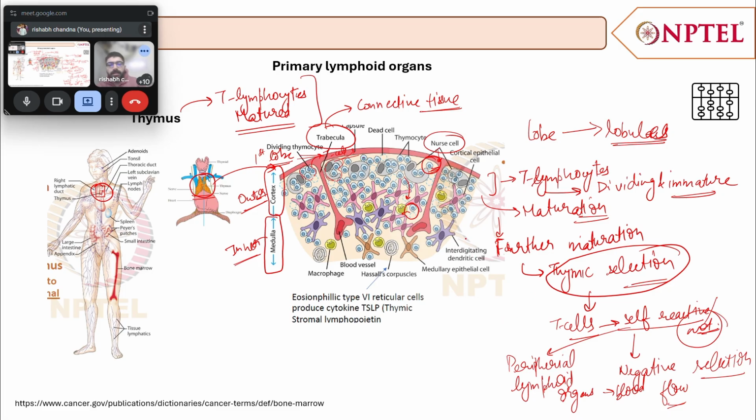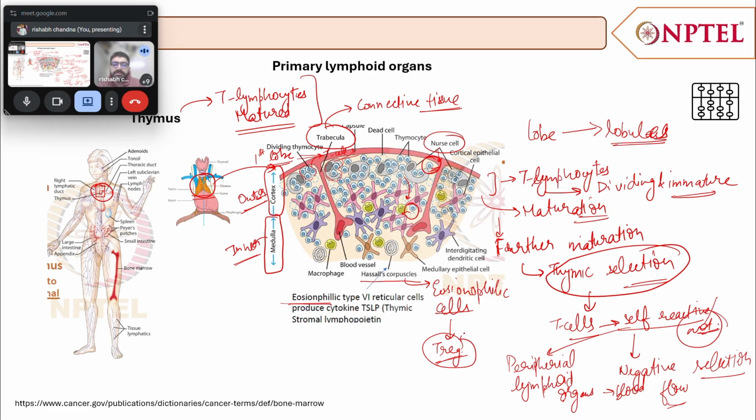Now, there is another component, Hassall's corpuscles, that are present in the medulla region. When we stain these organs with particular dyes, these corpuscles stain with eosin. That is why these are called eosinophilic cells, and they help in the regulation or development of another type of cells, the T regulatory cells.